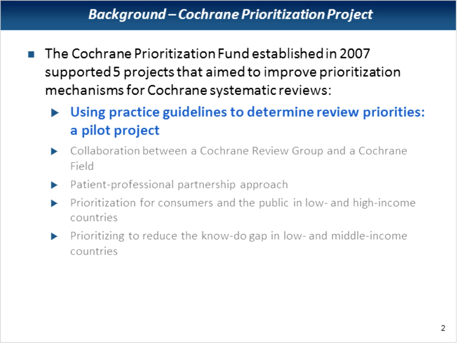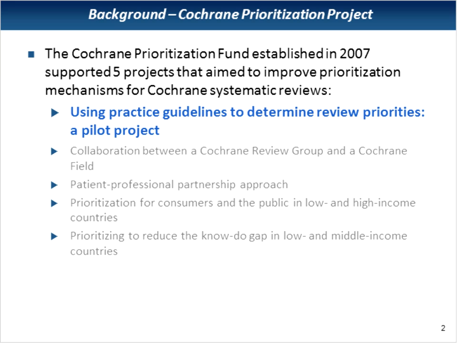As you can see here, each group of the funded project used different approaches for priority setting. For example, the way we did it was we used practice guidelines as a starting point to determine review priorities. There are other groups who involve patient-professional partnership and collaboration between review groups and field, using knowledge gaps, and projects focusing on low and middle income countries as well.